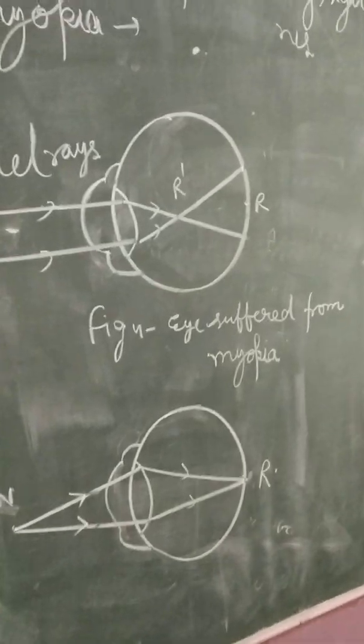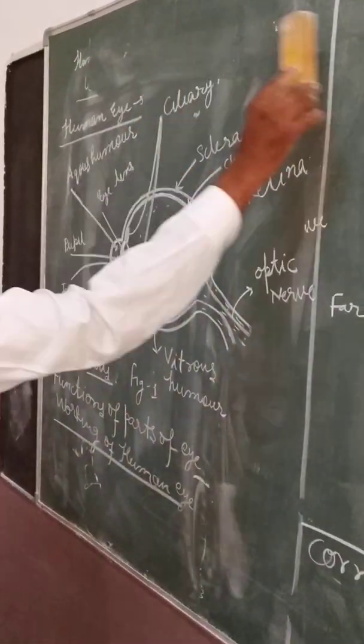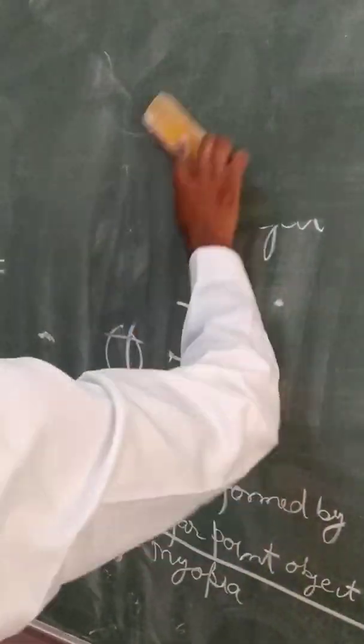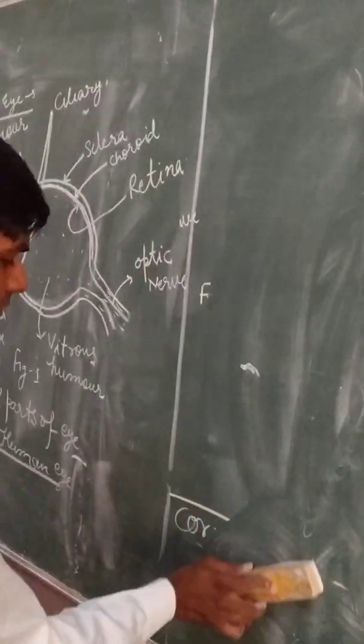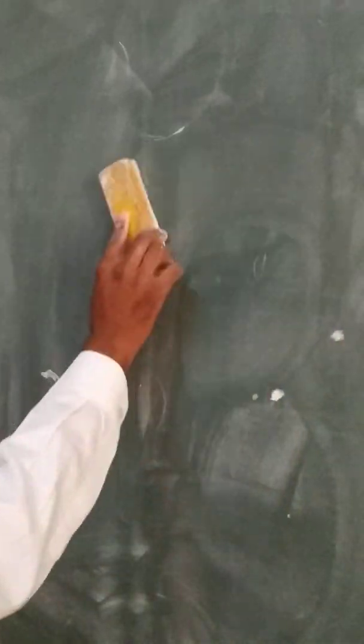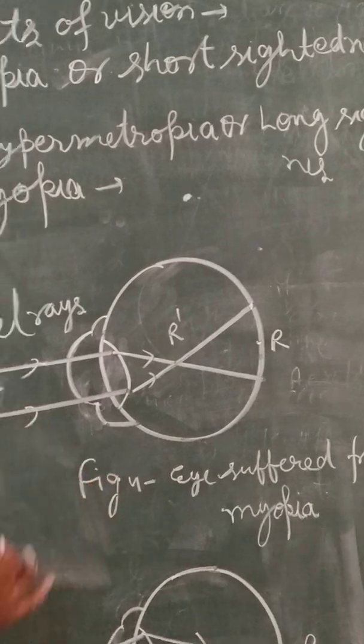Then we discuss the correction of the defect. We correct it with an optical element in front of the eye lens. The converging power of the eye lens is increased in this defect.